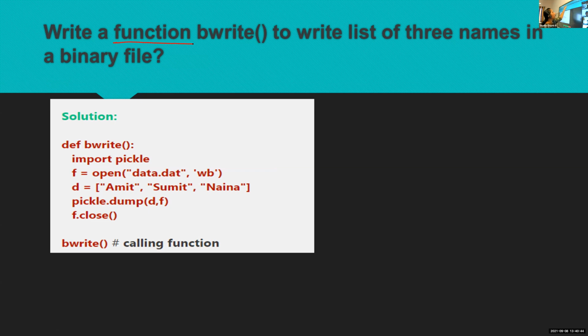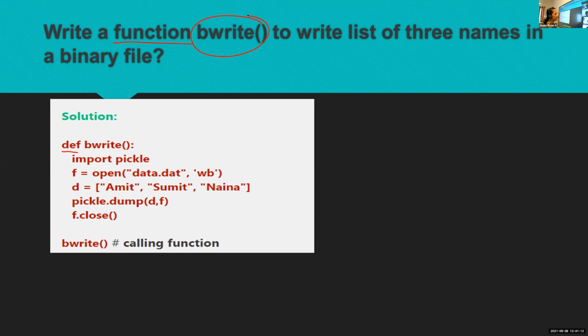The content you want to use is a list of 3 names. For writing a function, the keyword used is def. So first write def. Then the function name, BWrite, then function brackets, after that one colon. That is the function header.